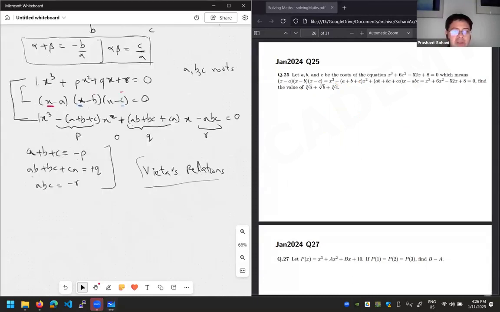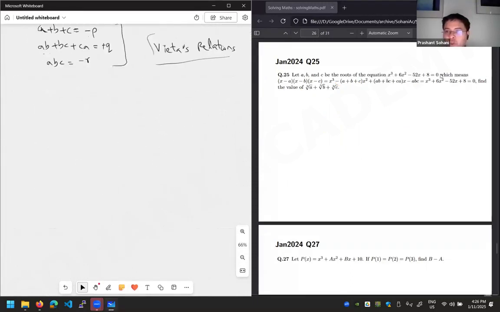So what happens here is that if I look at the equation, let us look at the polynomial more closely. What we know is a, b, c are the roots.